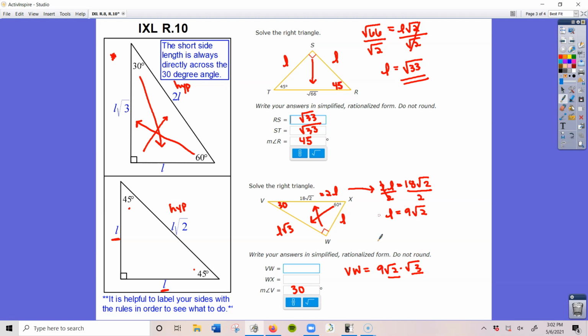So 9 is my only outside number, and then square root of 2 times the square root of 3 is the square root of 6. So that's VW, 9 square root of 6. Now I need WX. The rule for WX is just L, which I solved for here. So WX would equal 9 square root of 2.